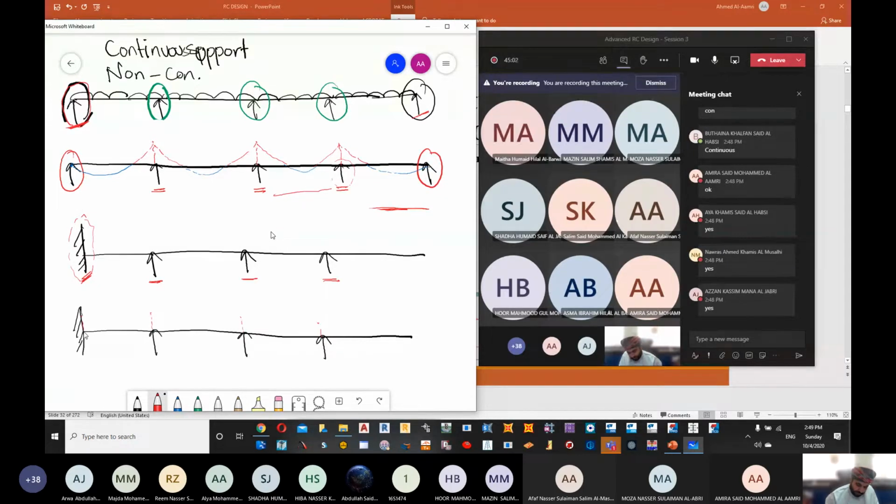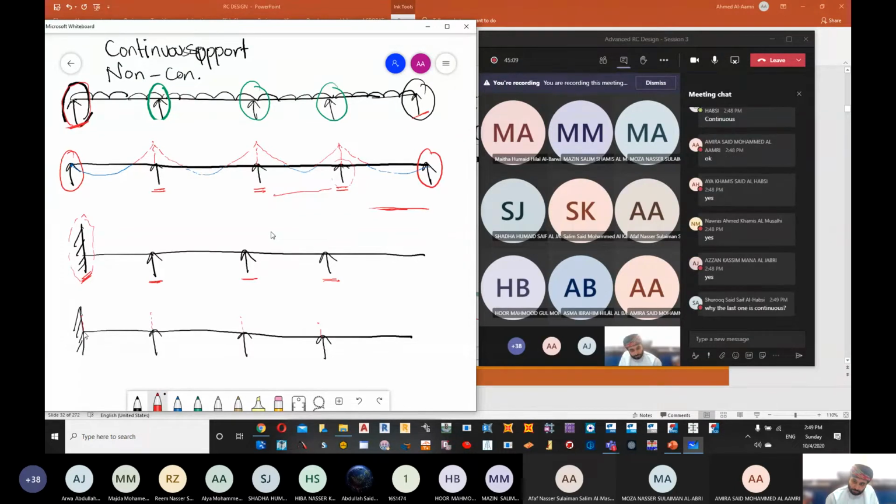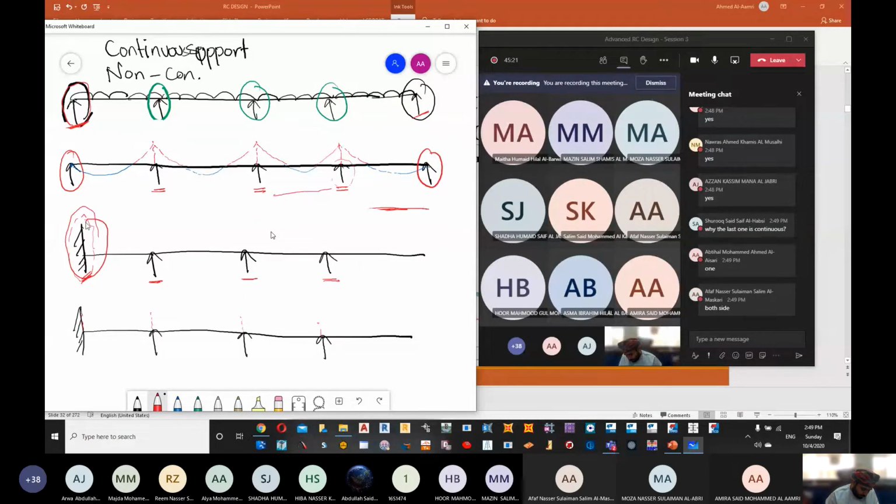Now for the fixed, is it continuous from both sides or one side only? Because it's a fixed support. Fixed is always continuous.